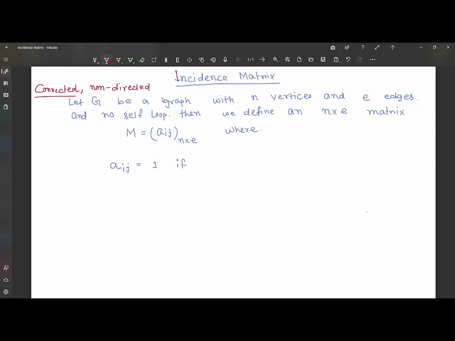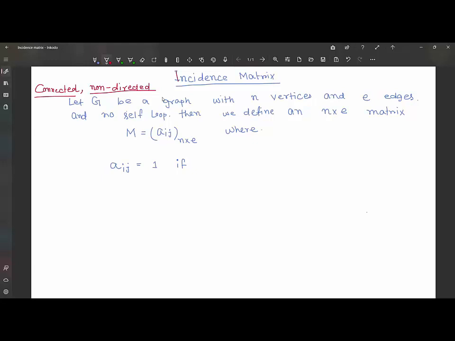So for a connected non-directed graph, this is the definition, where G has n vertices and e edges and no self loops. This also holds for a disconnected graph, but the way is somewhat different. But for the directed graph you will get different definitions, not only 1 but also -1. So that's why the incidence matrices for a non-directed graph and for a directed graph are different.